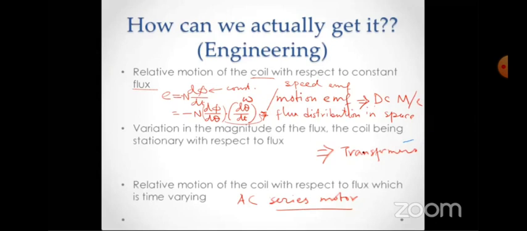And the third option is if we have both of the first two options. That is, if we have a relative motion between the coil and the flux, and the flux itself is time varying, then we'll get both the transformer EMF as well as the speed EMF.